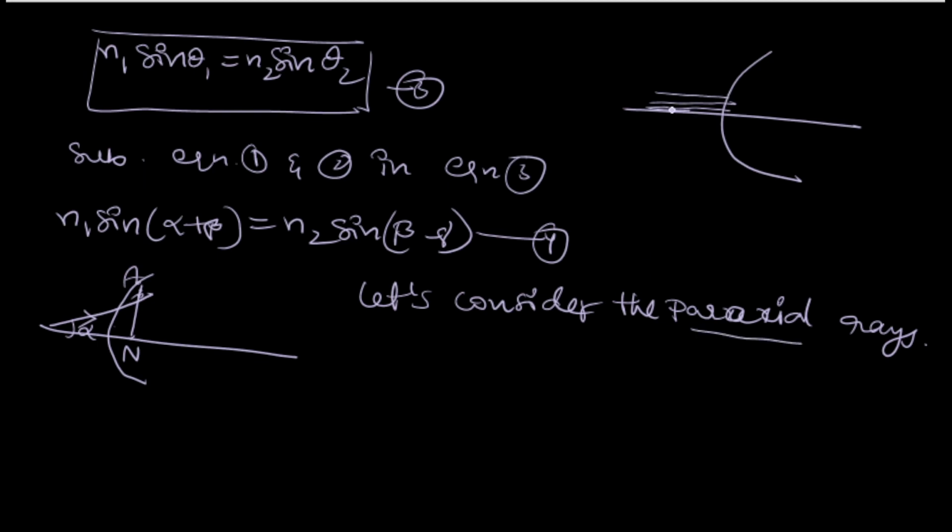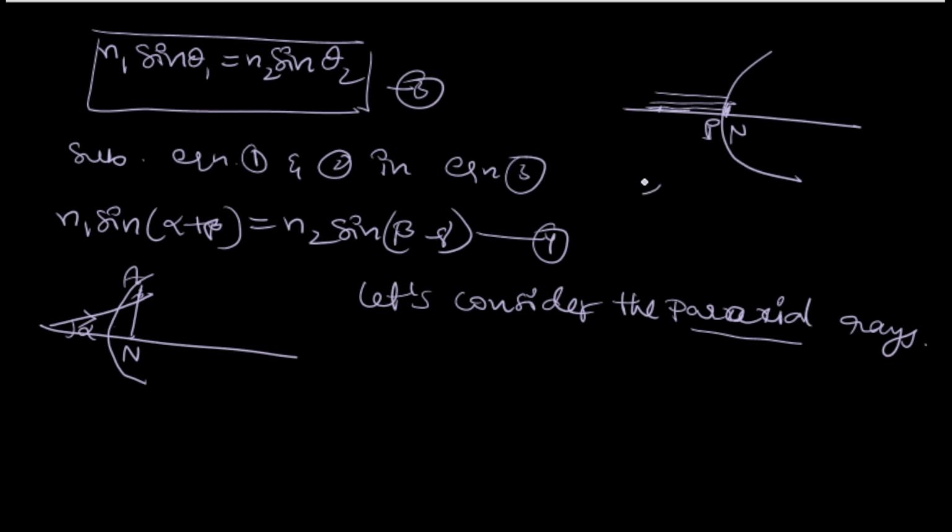If you observe carefully and draw a perpendicular line from this incident point to this principal axis, what happens? This N meets with the pole P, right? This N coincides with the pole P, and not only that, here the angle decreases.